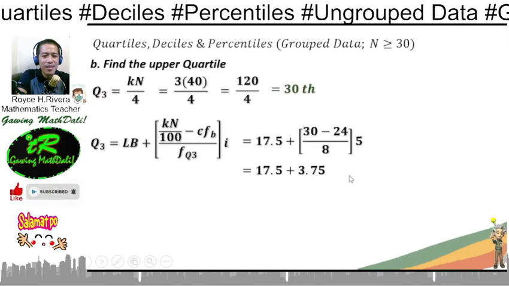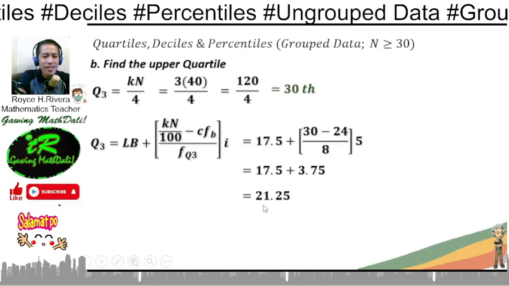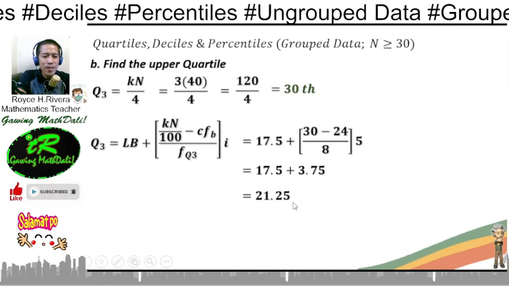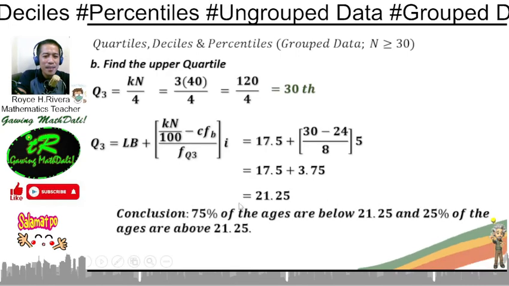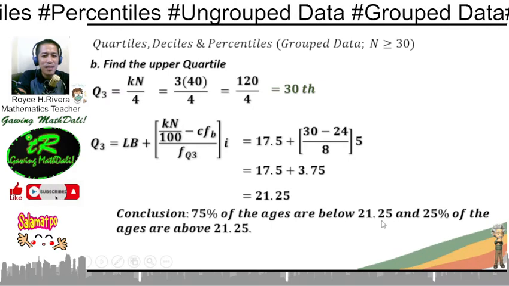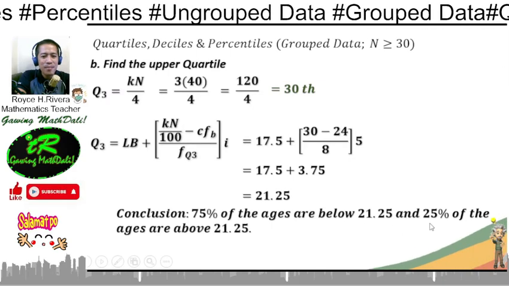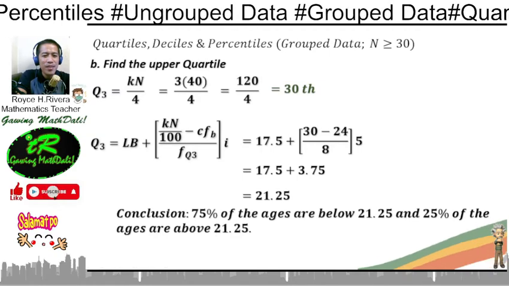We now get the sum, and the sum is 21.25, meaning 75% of the ages are below 21.25 and 25% of the ages are above 21.25.